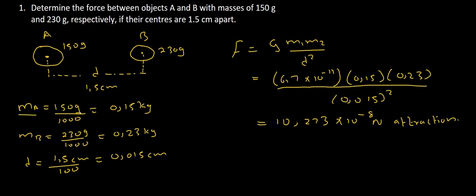The first thing, you convert your masses into kilograms, your distance into meter, not centimeter. Then you use your formula, correct substitution, and correct answer. And the force must always have a direction, which is the force of attraction.